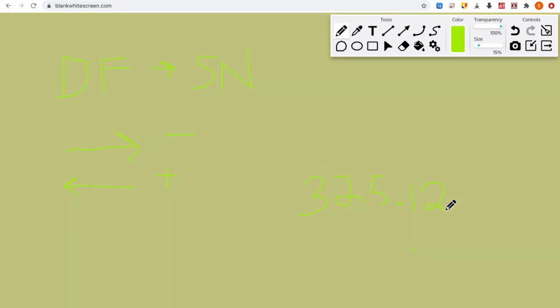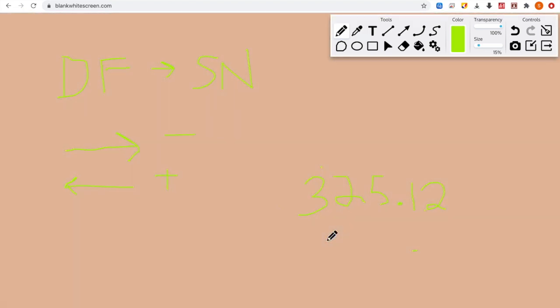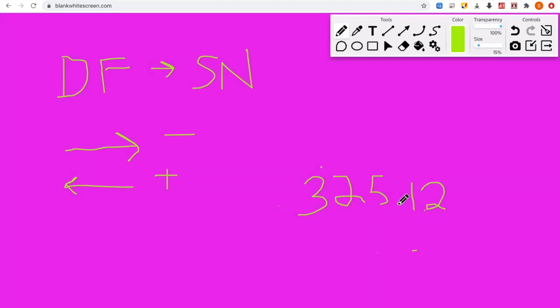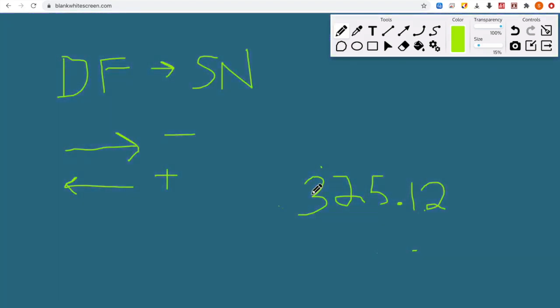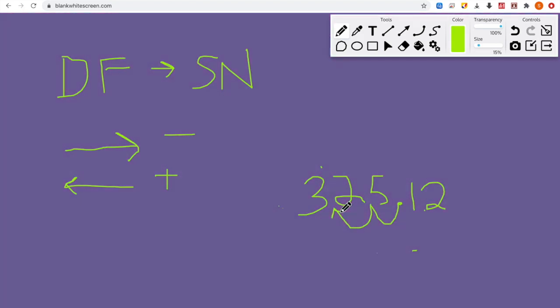Where our first problem is, this is decimal form and we have to get it into scientific notation. The big star said that we could only have one number in front of the decimal, but if we count, we have one number, two numbers, three numbers in front of the decimal. So here's what we're going to do. We're going to move the decimal to where there's only one number in front of the decimal.